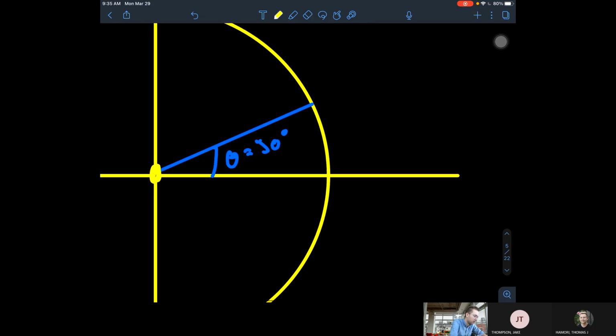For example, this angle 30, I can put it inside of the unit circle where one side of my angle points straight out to the right and the other side points somewhere else.